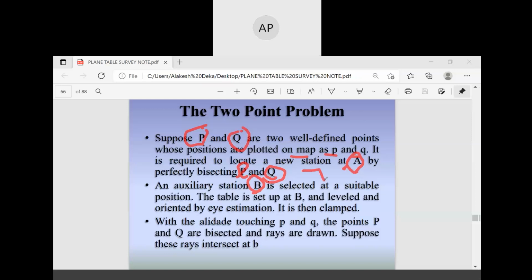The plane table, you have to set up at point B, leveled and oriented by eye estimation, and then clamped with the alidade touching small p and q. So from B station, you have to bisect P and Q. The points P and Q are bisected and rays are drawn. Okay. Suppose these rays intersect at B.